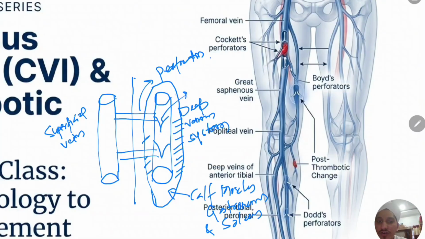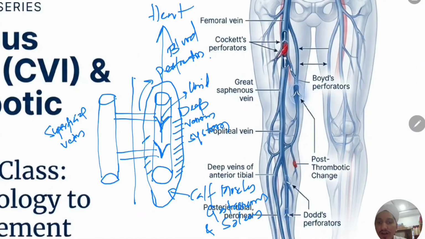These valves ensure the unidirectional flow of blood from the legs to the heart. So when you walk, the muscles contract and the blood flows upwards towards the heart, but there is gravity acting against this, which is countered by this valvular mechanism that acts unidirectionally.